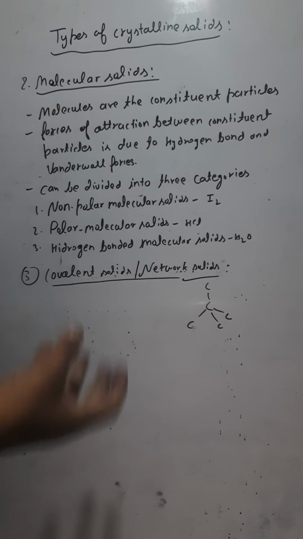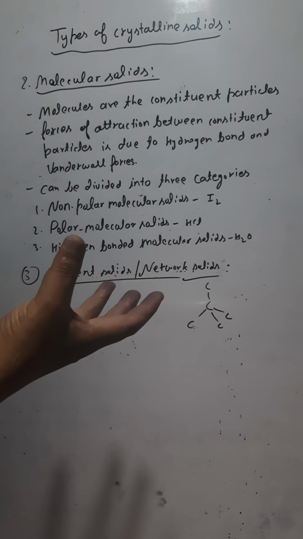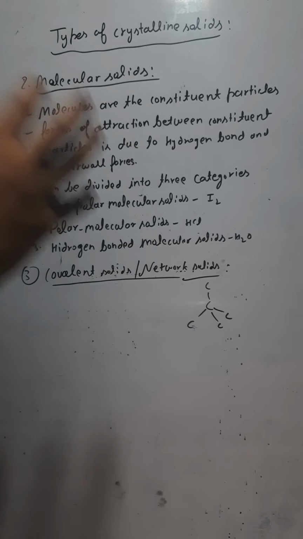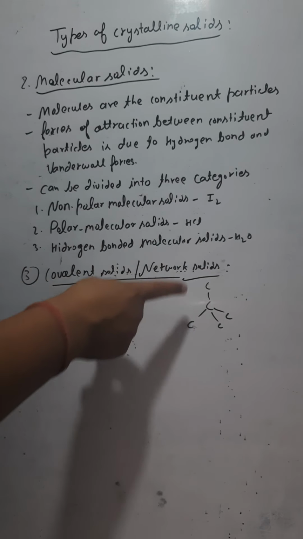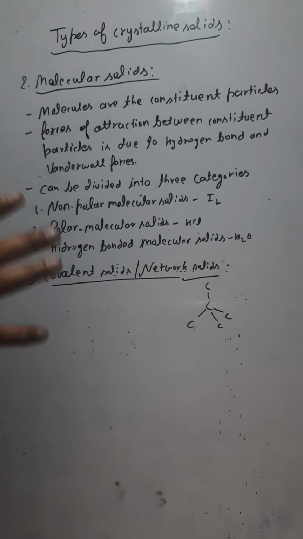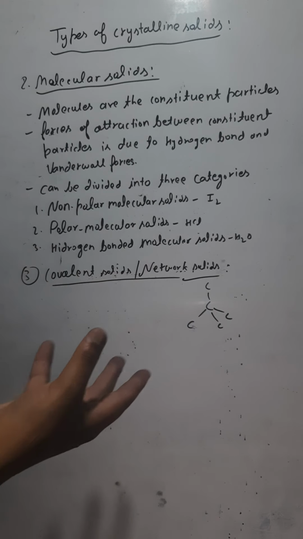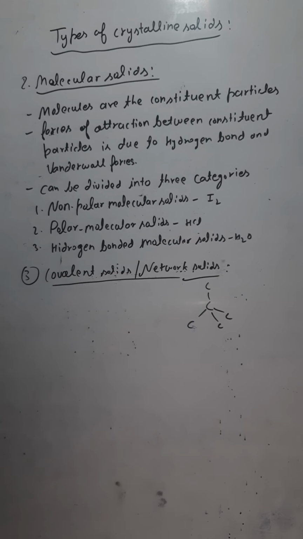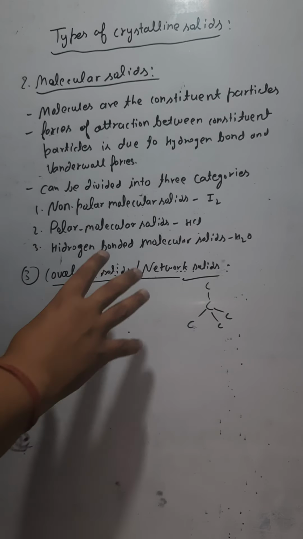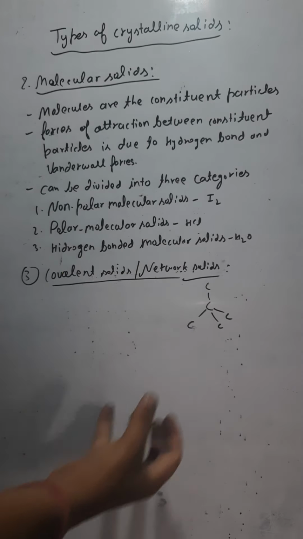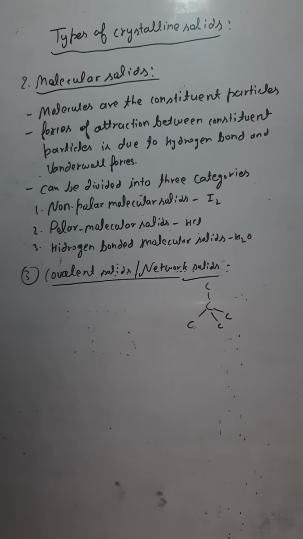You must know covalent bonds are very strong, so it is very hard to break them. That is why these solids are very hard, and brittle also. The atoms are held together by covalent bonds.